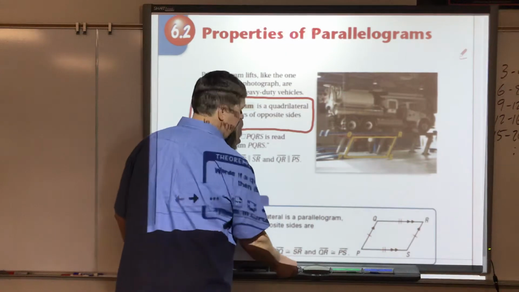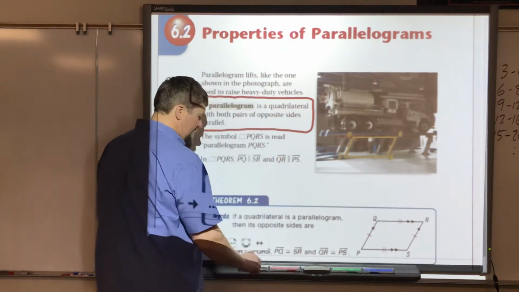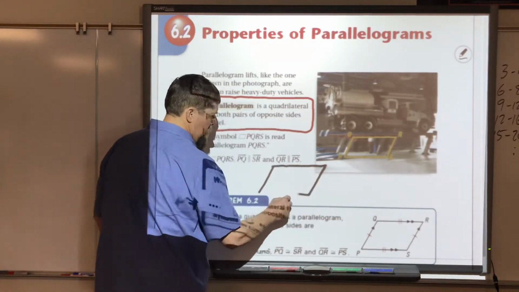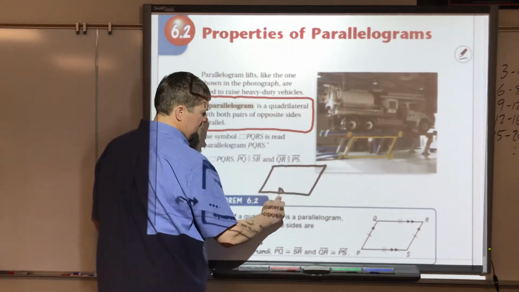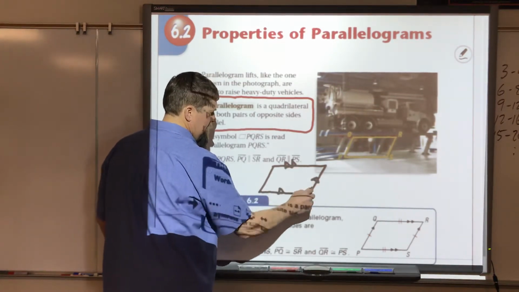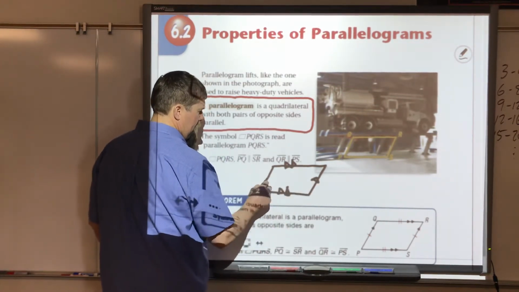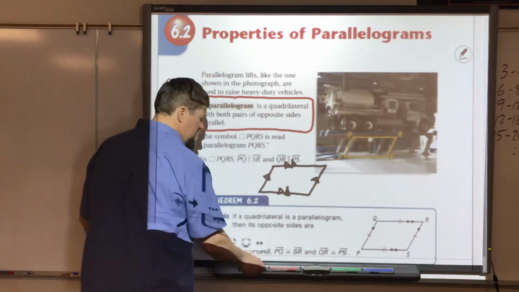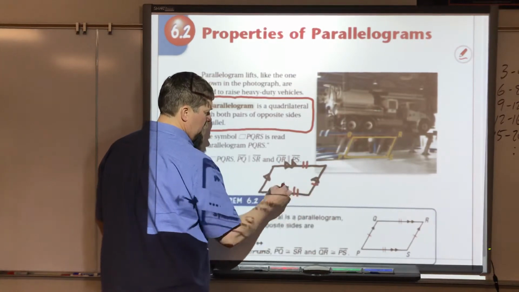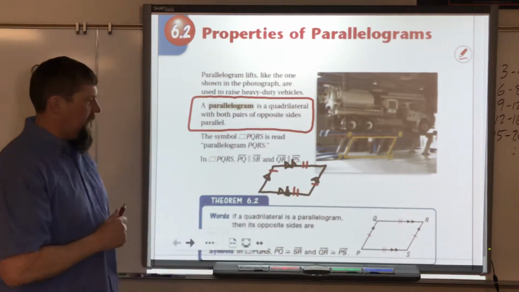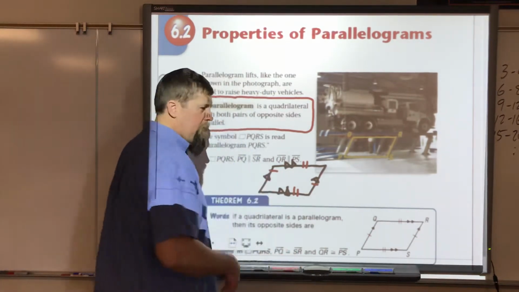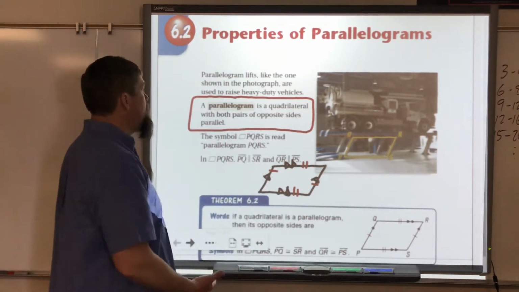So not only in a parallelogram do you have both opposite sides parallel, those are little arrows, you also know that opposite sides are congruent. Okay, so that's what the first theorem says. If you know it's a parallelogram, you know these two things.